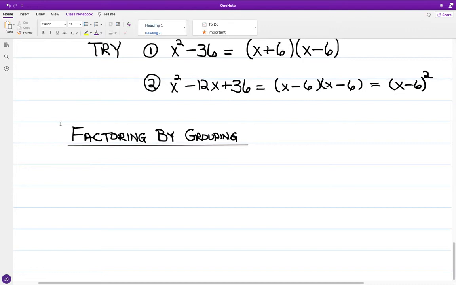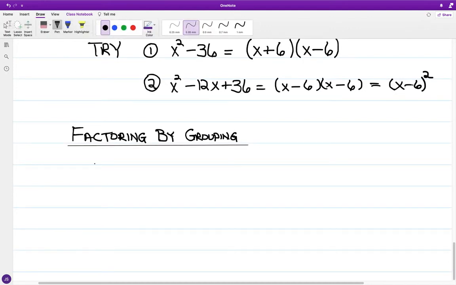Now for what we have in the case of factoring by grouping, let's say you're looking at factoring 3x squared plus 19x plus 20.